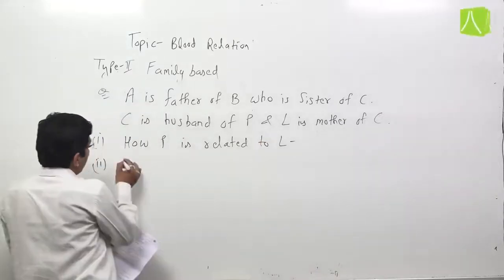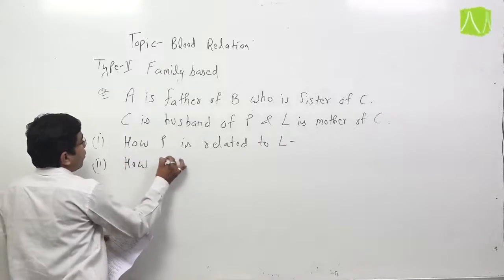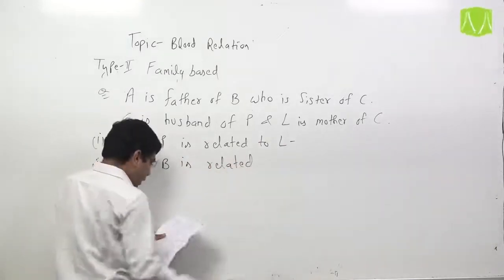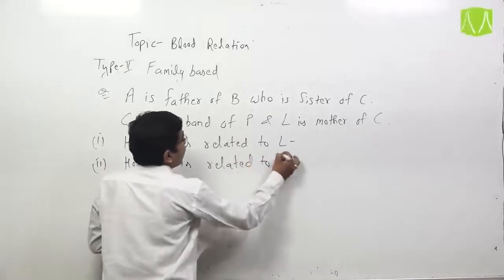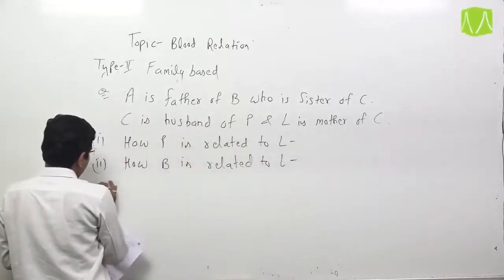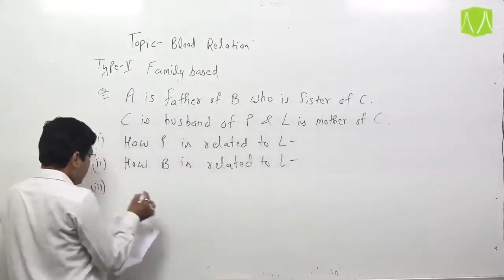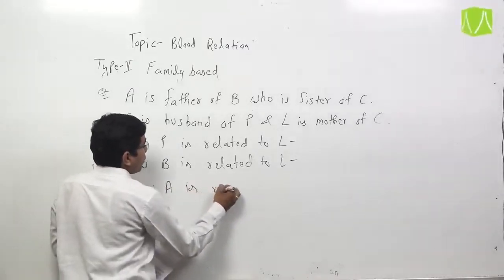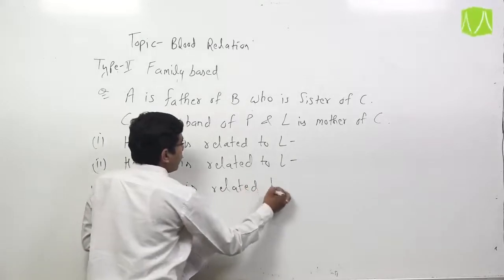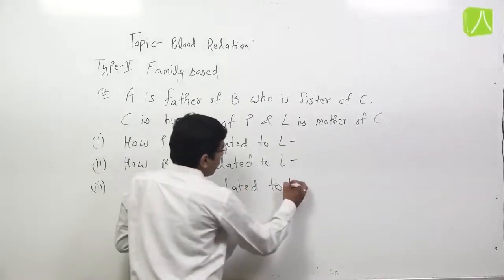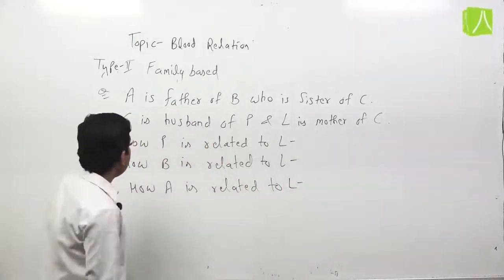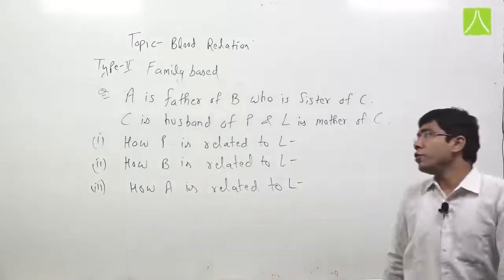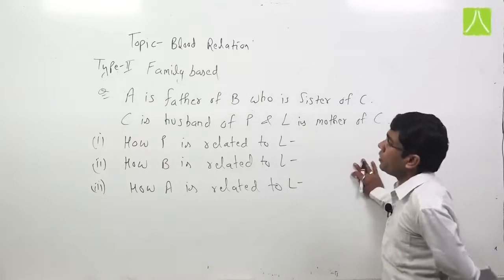Second question is how B is related to L, and third question is how A is related to L. We have to answer these 3 questions on the basis of the given information. Now we have to prepare the family chart.